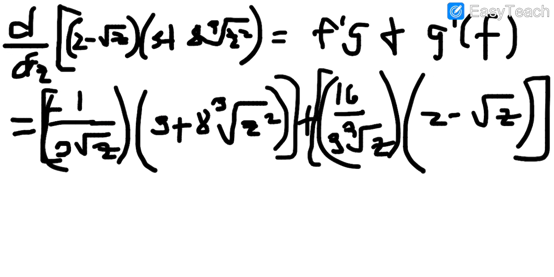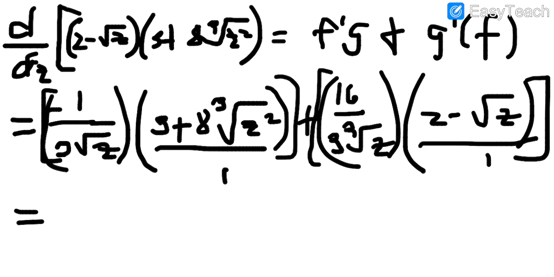Now let's go and simplify this one. Automatically the denominator is 1. So we will multiply numerator by numerator, denominator by denominator. The same goes for this one.